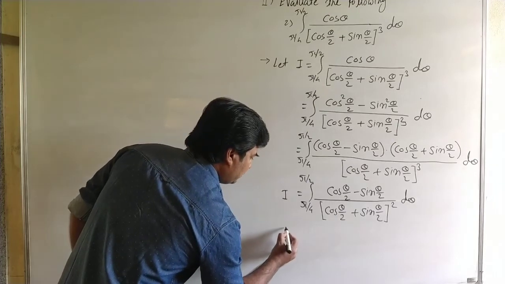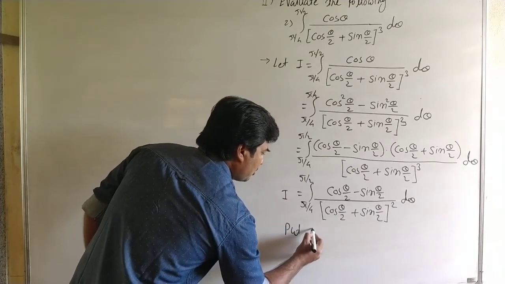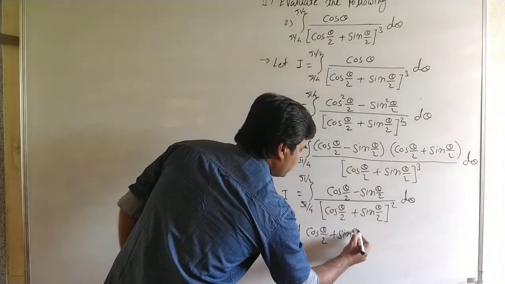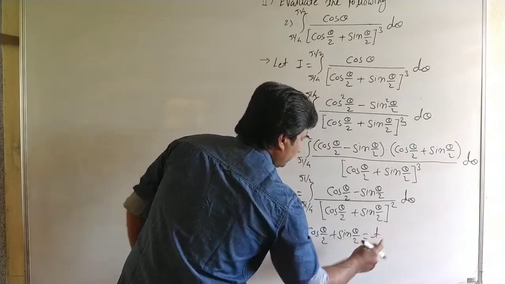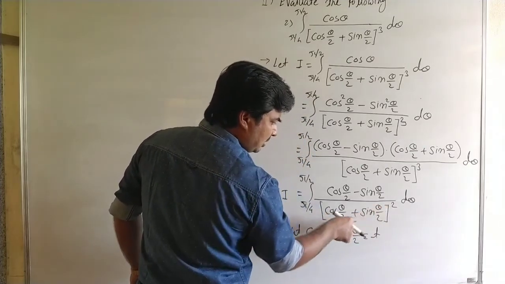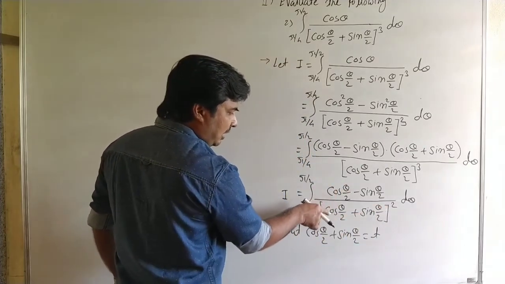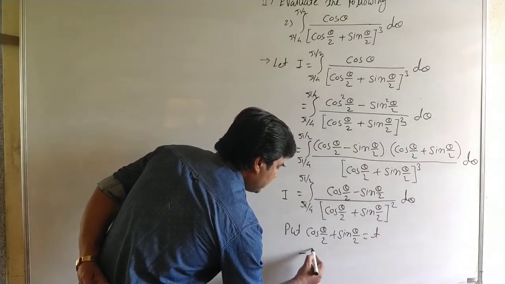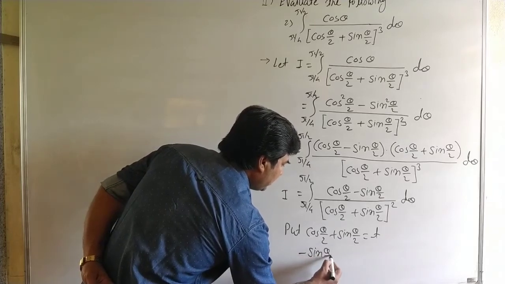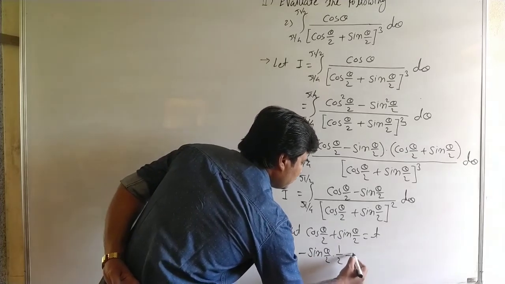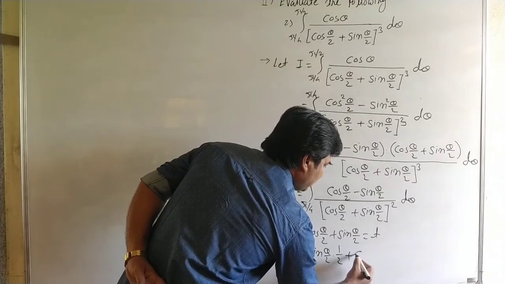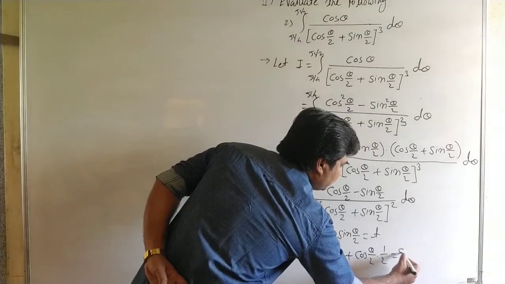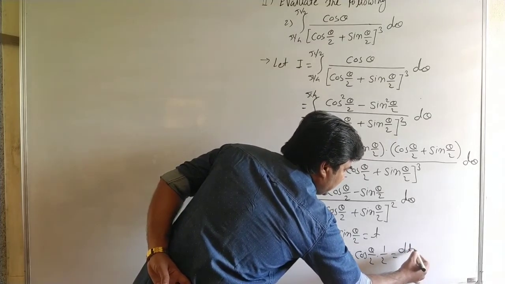Now here put cos theta by 2 plus sin theta by 2 is equal to t, because it is the composite function. Okay, and the derivative of this term is in the multiple of d theta. Derivative of cos theta by 2 is minus sin theta by 2 into 1 by 2 plus derivative of sin theta by 2 is cos theta by 2 into 1 by 2 is equal to dt upon d theta.